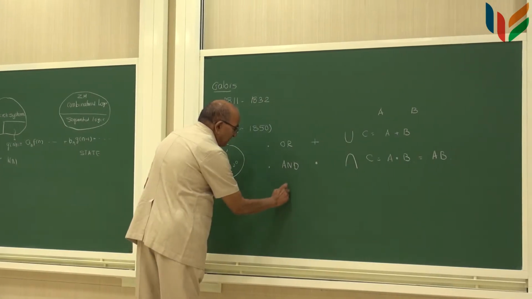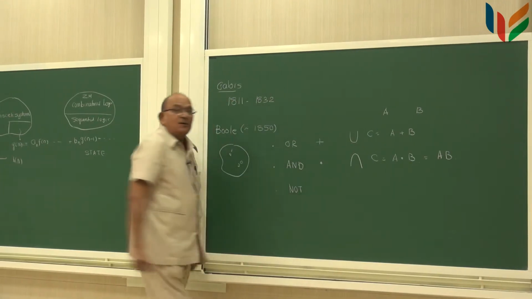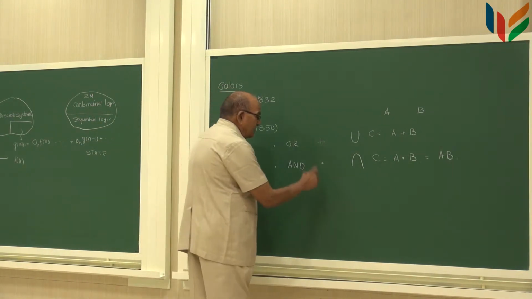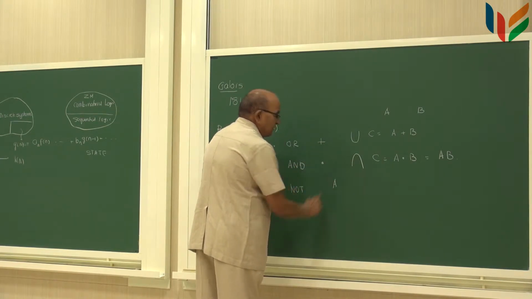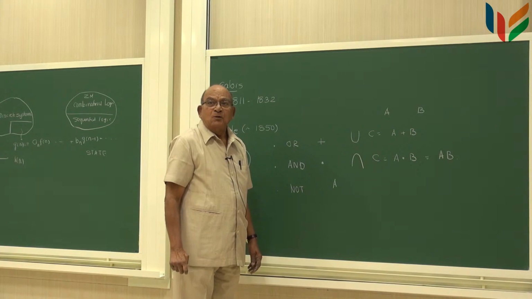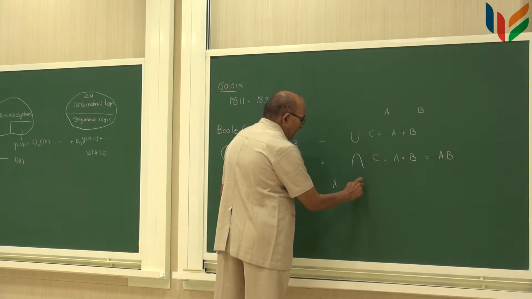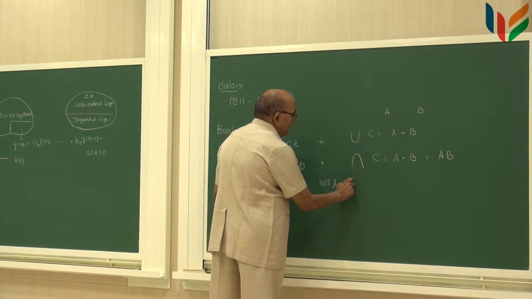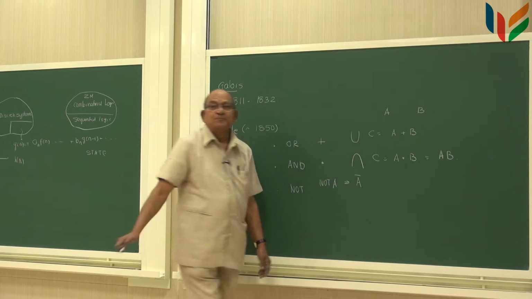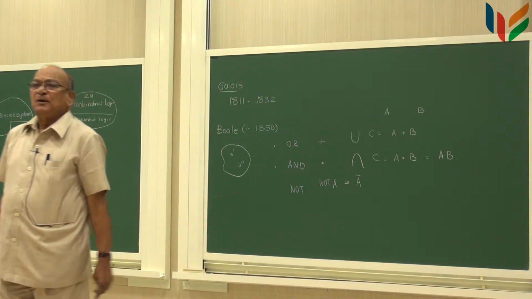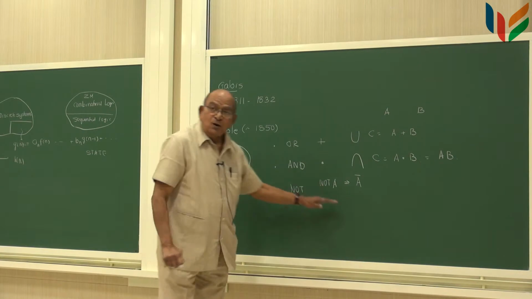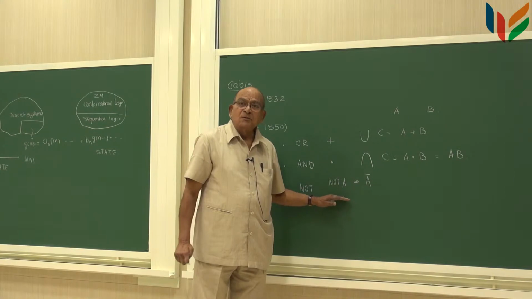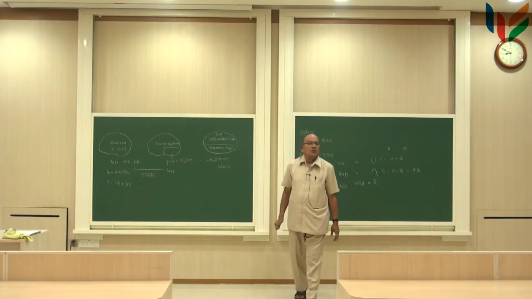Then there is one more operation defined here, the NOT operation. If A is the variable, then the NOT of A is symbolically written as A bar, meaning that if A is equal to 1, A bar will be 0, and if A is equal to 0, A bar will be equal to 1.